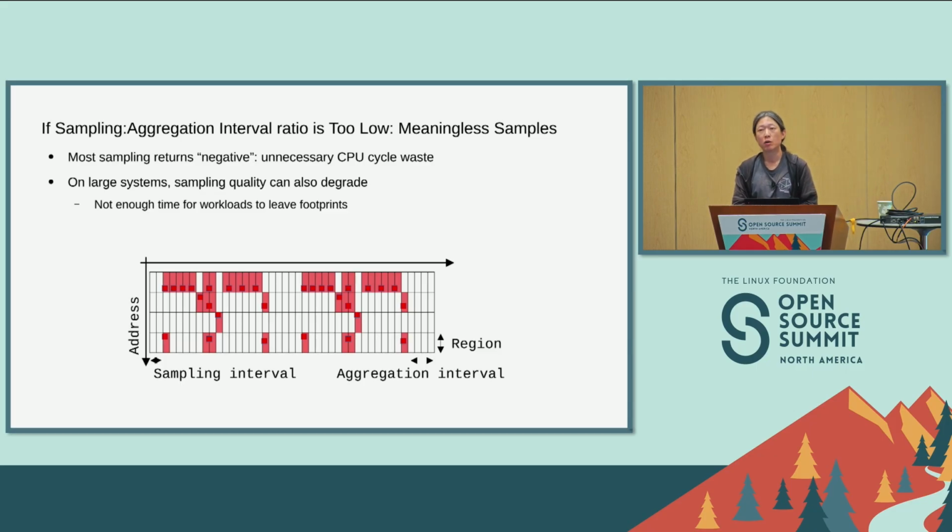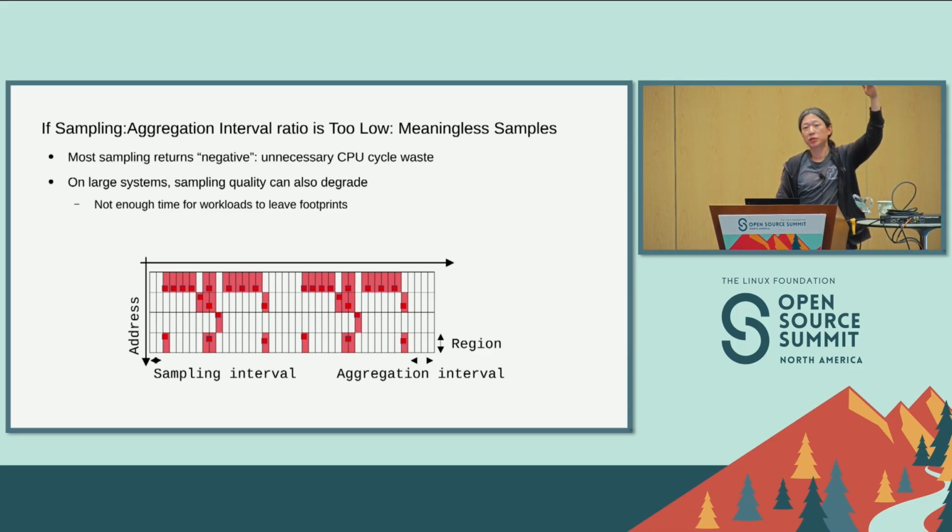And also, on large systems, inside the sampling interval, a very similar problem to the aggregation interval comes again. That is, we are assuming each region has entities with the same access frequency. But if we keep the sampling interval very small, we can see only accesses that were made within the very short sampling interval.